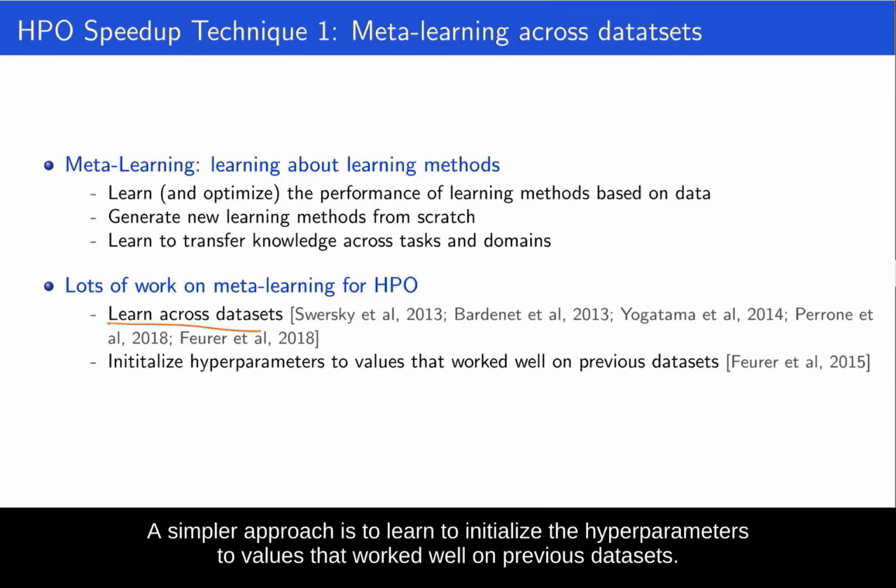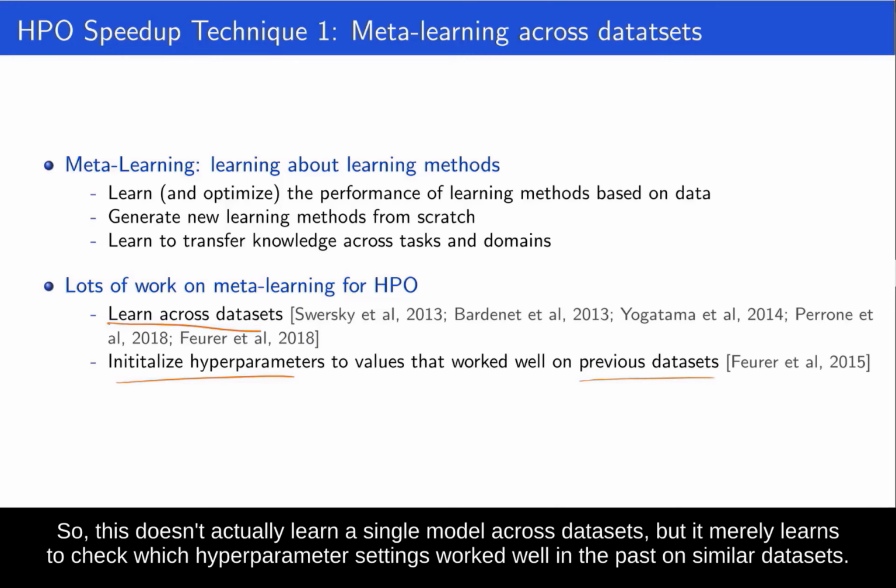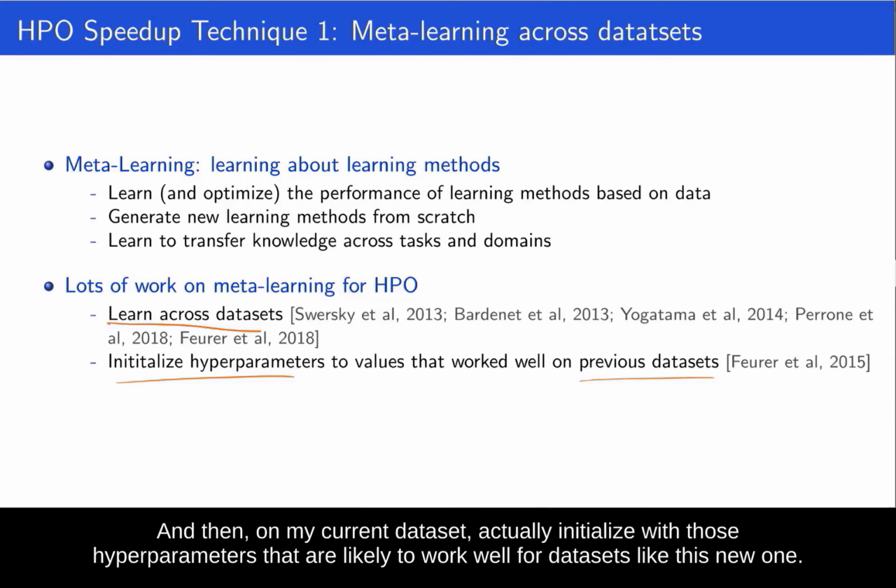A simpler approach is to learn to initialize the hyperparameters to values that worked well on previous data sets. This doesn't actually learn a single model across data sets, but it merely learns to check which hyperparameter settings worked well in the past on similar data sets, and then on my current data set, actually initialize with those hyperparameters that are likely to work well for data sets like this new one.